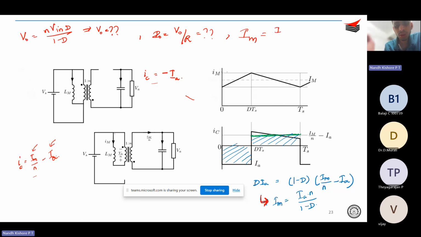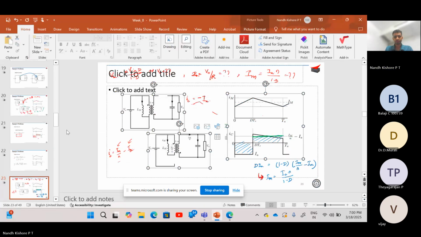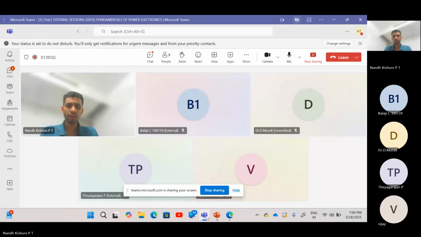Im is equal to Ia into N by 1 minus D. Okay. Is this point clear? Is this problem clear to you guys? Any doubts so far in this?